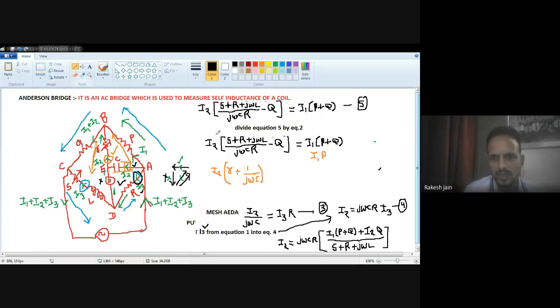And this is a division line at the left hand side and the right hand side. Now what will happen? See, with this green color, this I2 to I2 will be cancelled out, and this I1 to I1 will be cancelled.